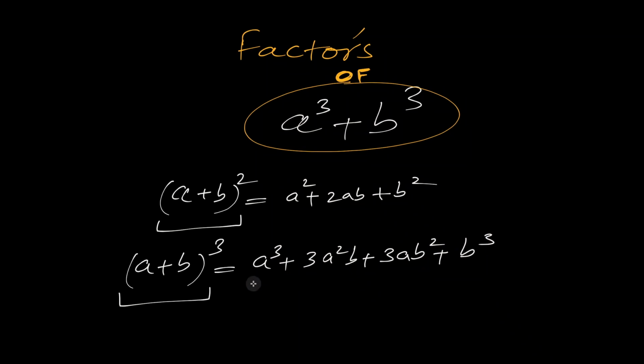This is how we remember: first a cube, b cube, then 3. First time you say a square b, and second time you say 3ab square. Now these two formulas we are going to use to find the factors for a cube plus b cube. This is our first formula and this is our second formula.